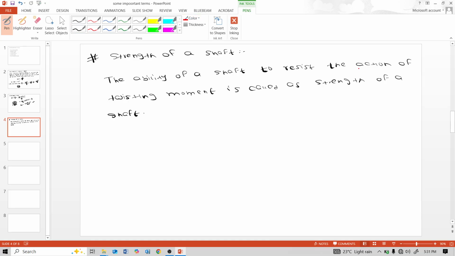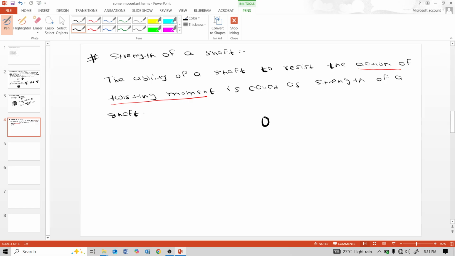This is the action of twisting moment, and the ability of a shaft to resist this action is called strength of a shaft.